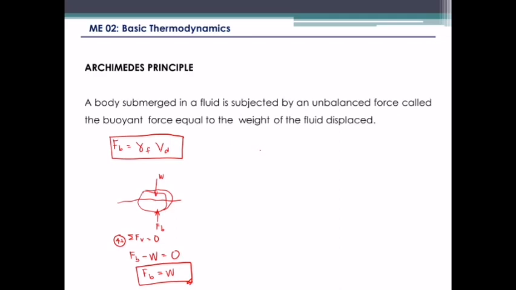And then for a fully submerged object, this is case 2. You have the weight, and then you have the upward force of the buoyant force, and then another one is the R. So the sum of vertical forces is equal to 0.